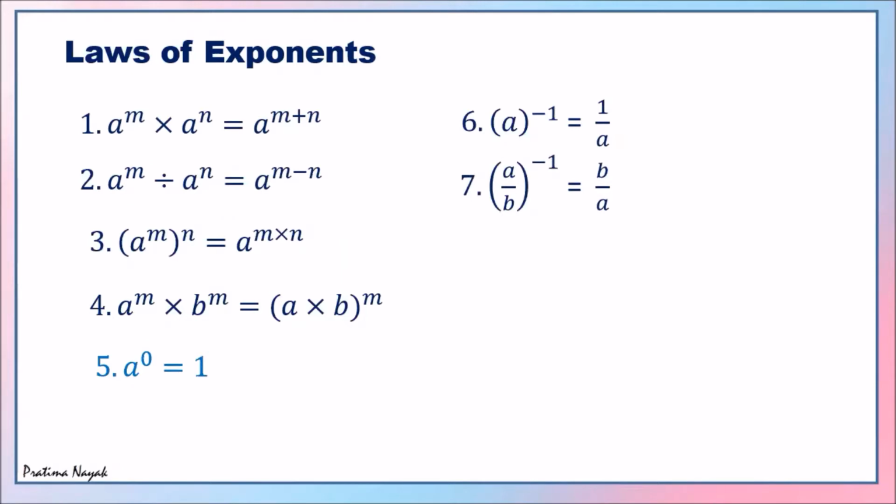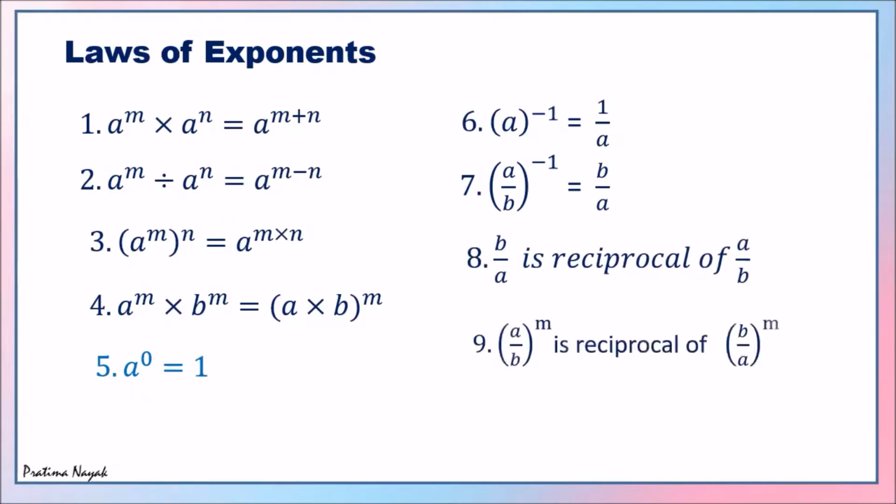Any rational number a by b to the power -1 can be written as b by a. b by a is called the reciprocal of a by b. (a by b)^m is the reciprocal of (b by a)^m. (a by b) to the power minus m is written as (b by a) to the power m when we need to make it positive. So with all these tools, now let us go for the challenge.